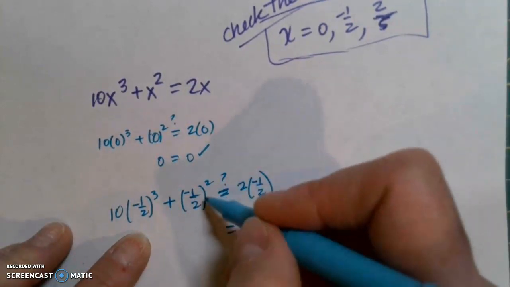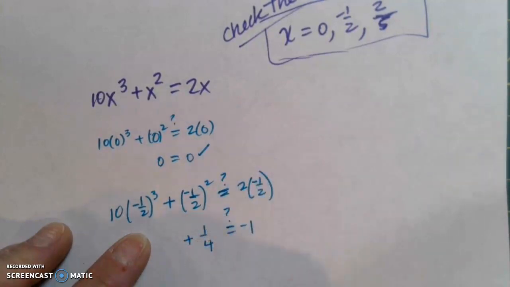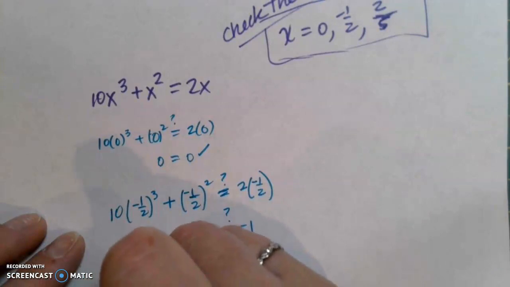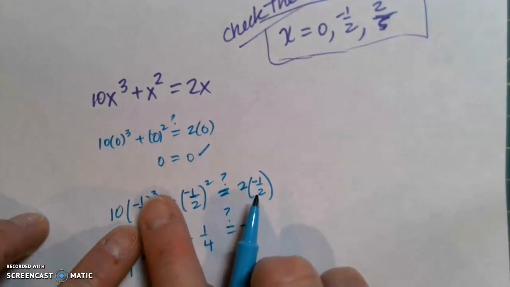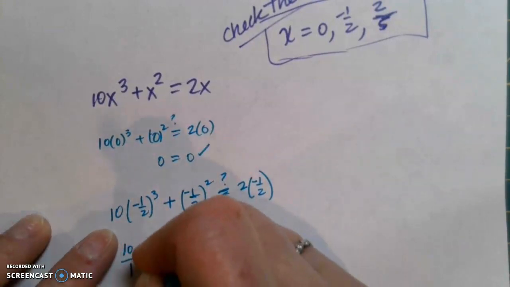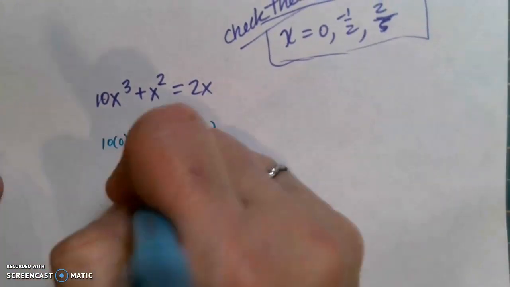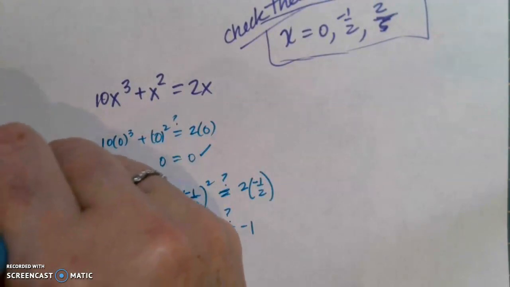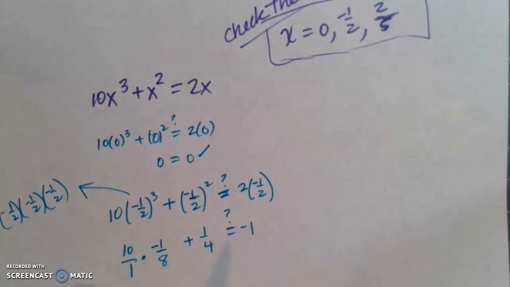Okay, so negative 1/2 quantity squared, that will just be positive 1/4. This one over here, we'll have 10 over 1 times, and if I'm cubing this, it's an odd exponent, so this will be a negative 1/8. Right, negative 1/2 times negative 1/2 times negative 1/2. Look at that off to the side if you need to convince yourself as to why that is the case.